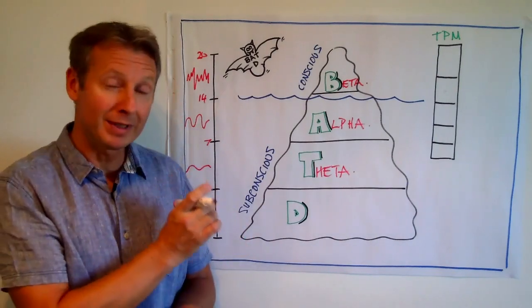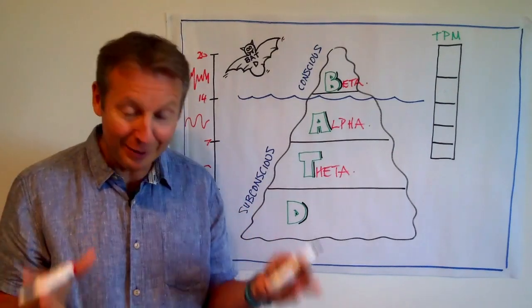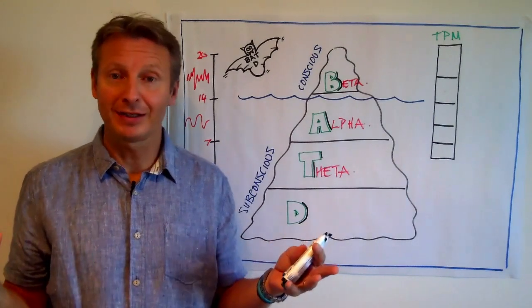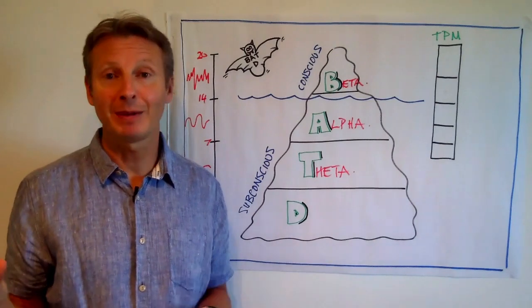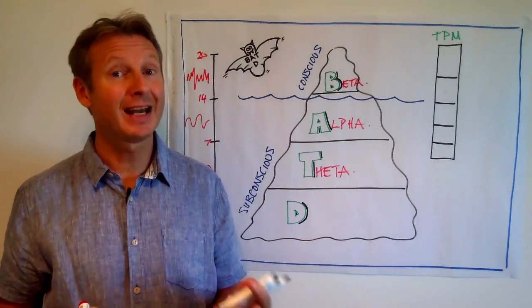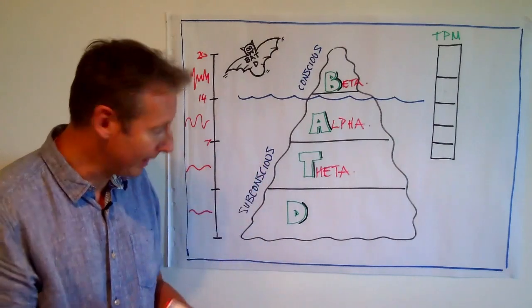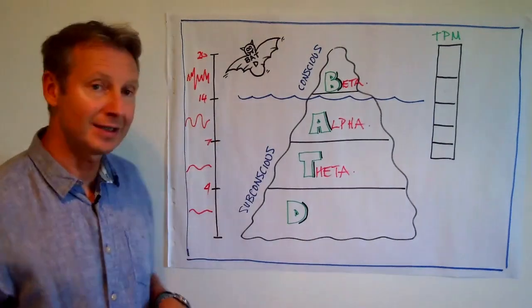This is where our memories are housed. And remember, the unconscious mind works based on emotion, and we have every single experience ever recorded in the unconscious mind. It's all there. Some of those memories are positive and some are negative, but this is where they're typically housed. Theta is anywhere between 4 and 7.